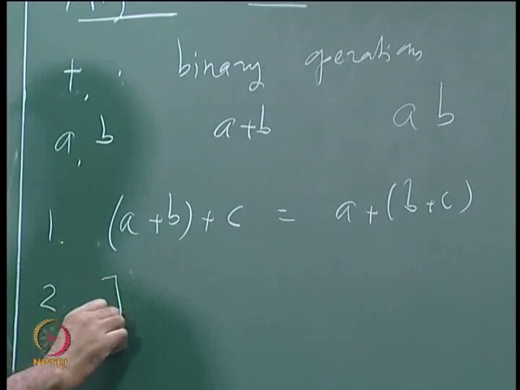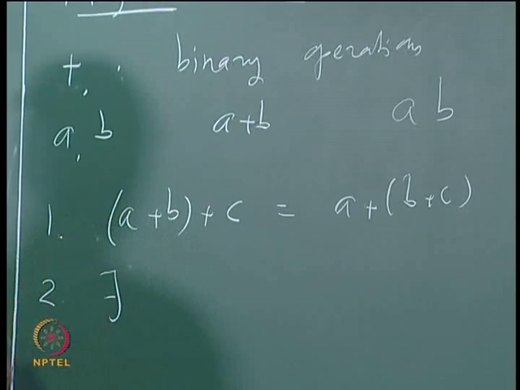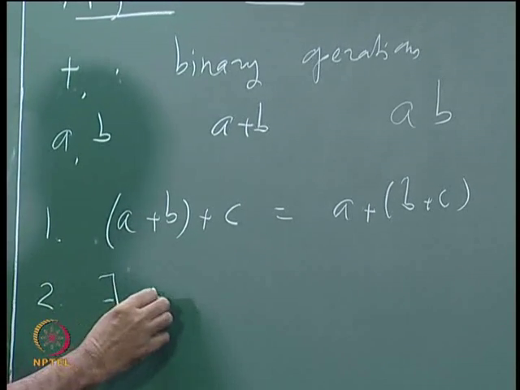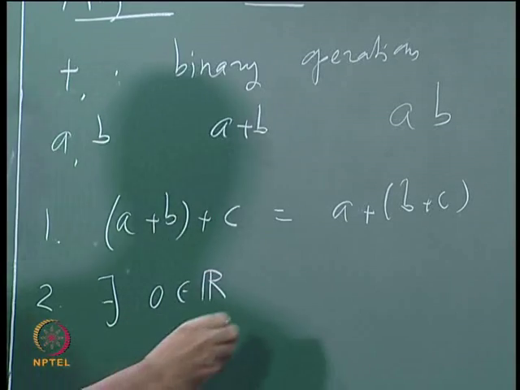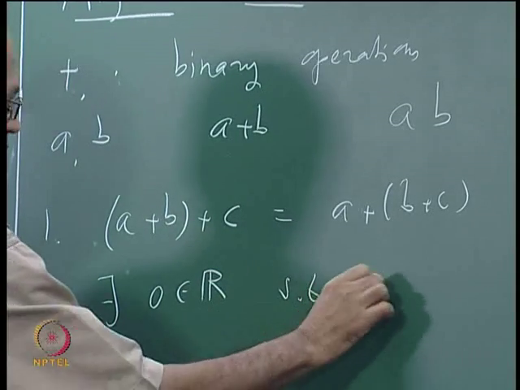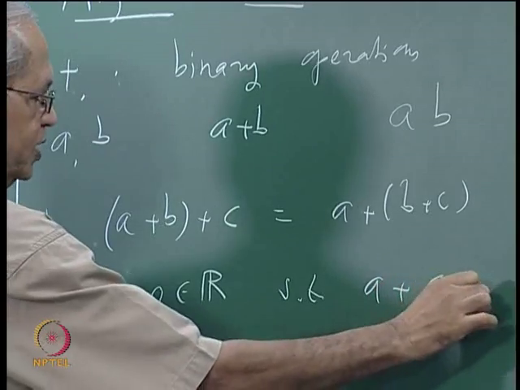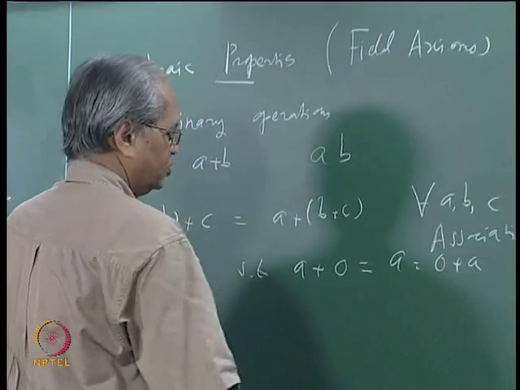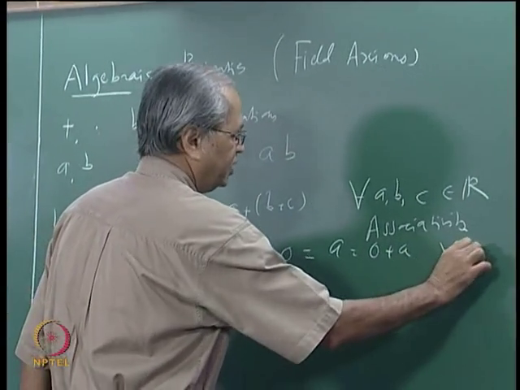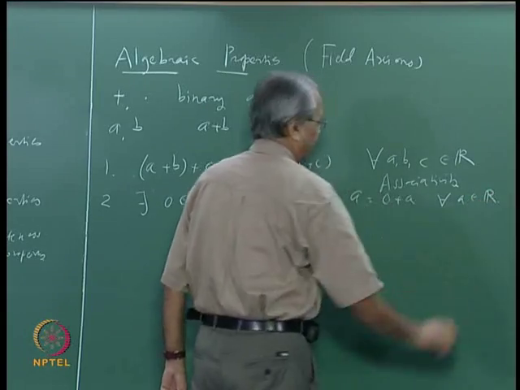So there exists an element which is called the identity with respect to addition, that we shall denote by 0. There exists a number 0 in R such that a plus 0 is a and 0 plus a is also a. This should happen for every a in R. Okay.